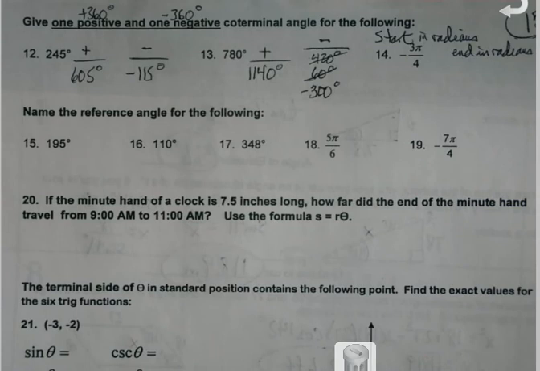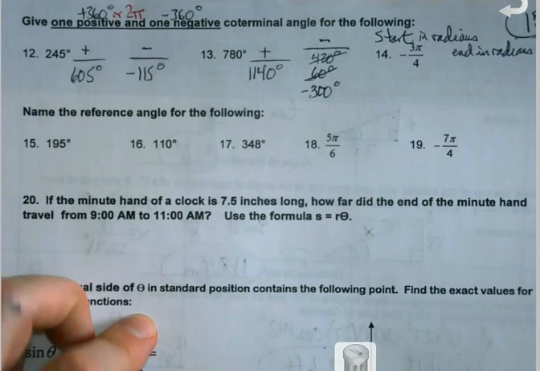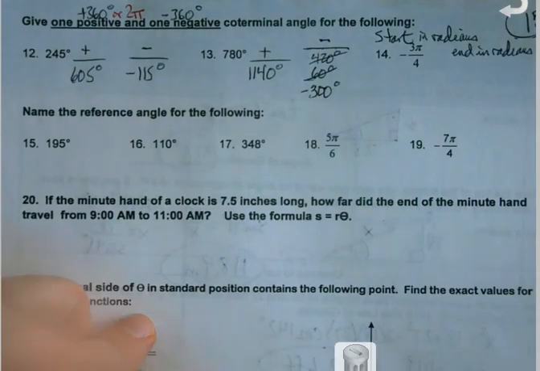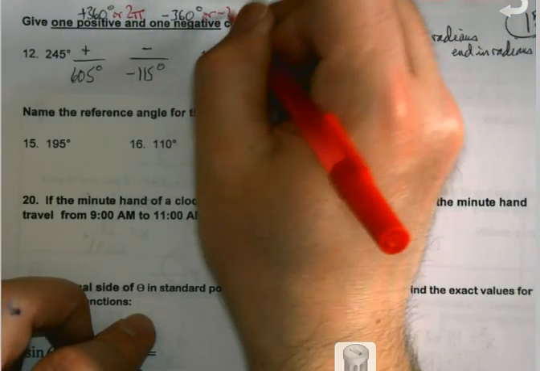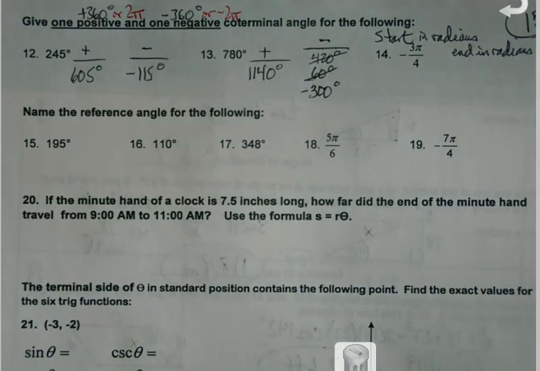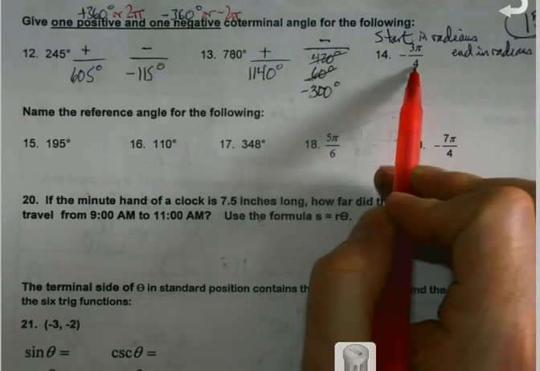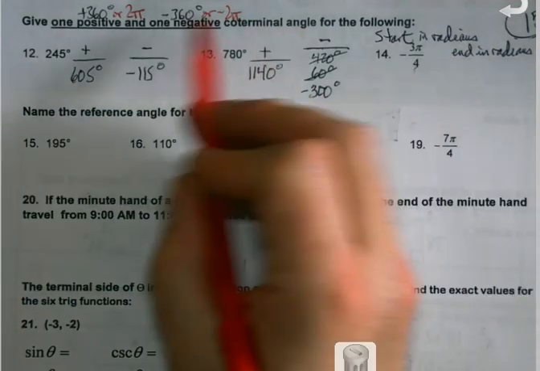So here, remember, 360 degrees is the same thing as 2 pi, or subtracting 2 pi. And we talked before about when I'm trying to add or subtract, it's really not that big of a thing, because all I'm going to do is take whatever's in the denominator times 2 pi.